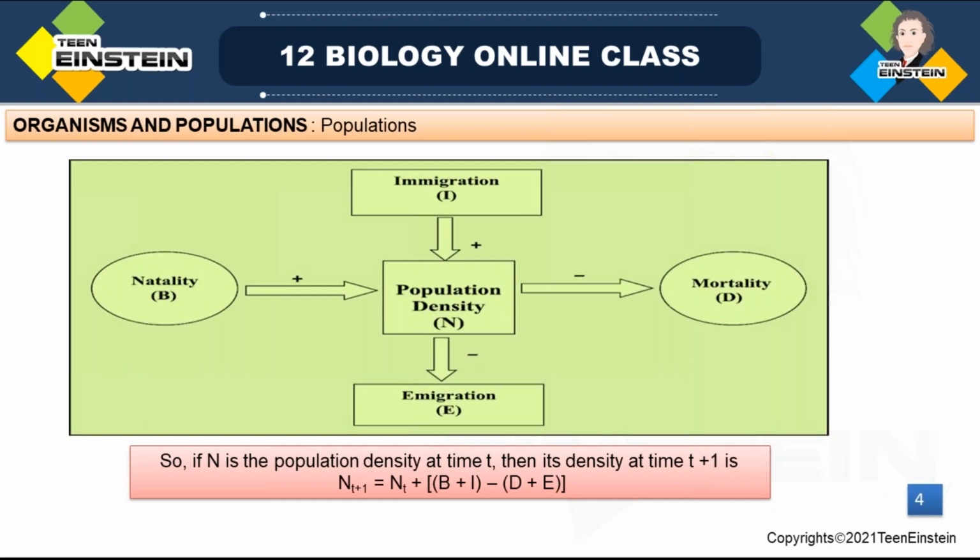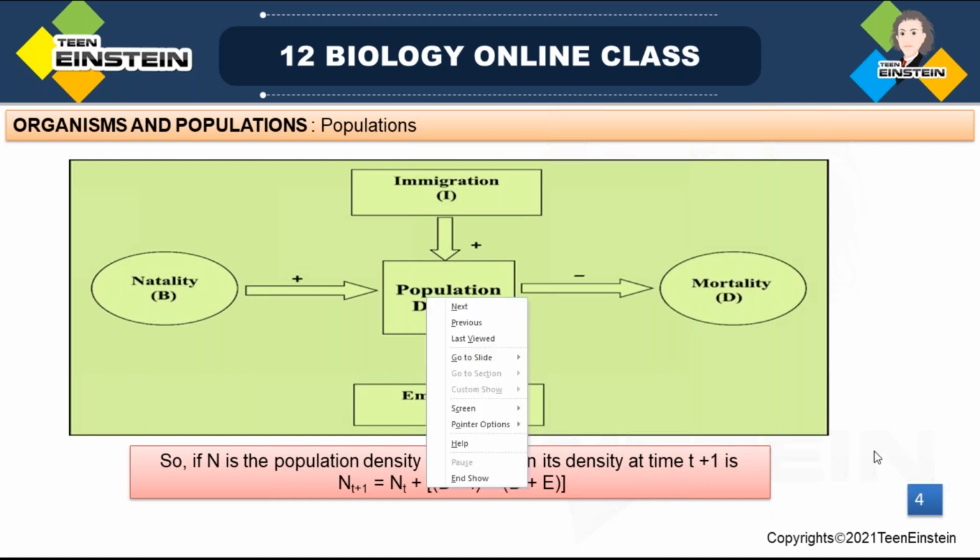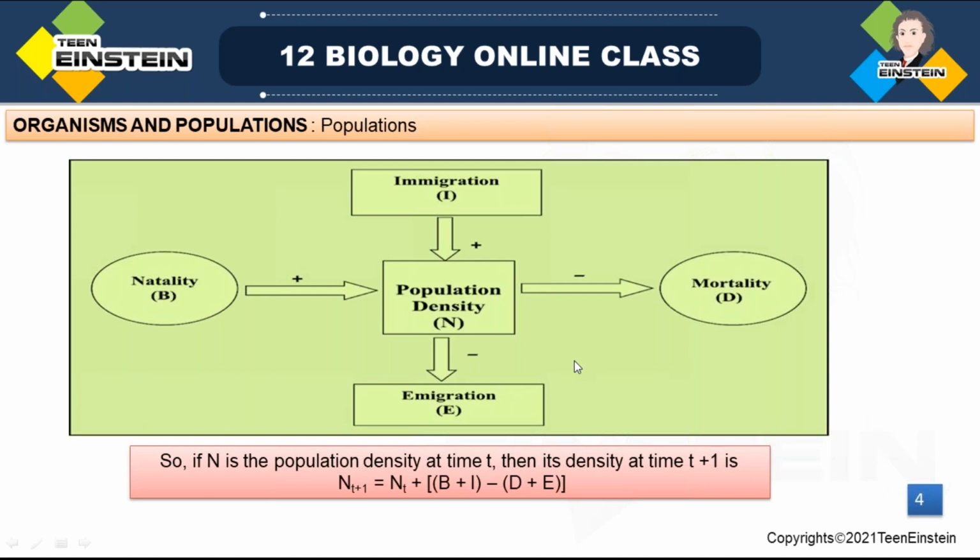So under normal conditions, population density depends mainly on birth and death rate. Normally, if there are no other issues or problems in that population, the first characters influencing population growth or population density are birth and death. If birth is more compared to death, definitely we can say that the population density is increasing.